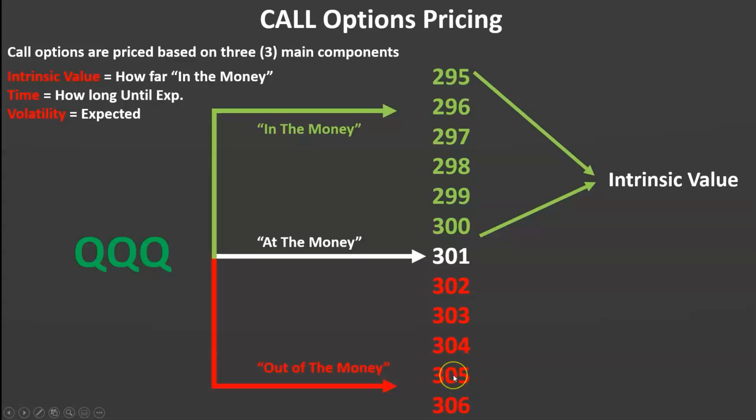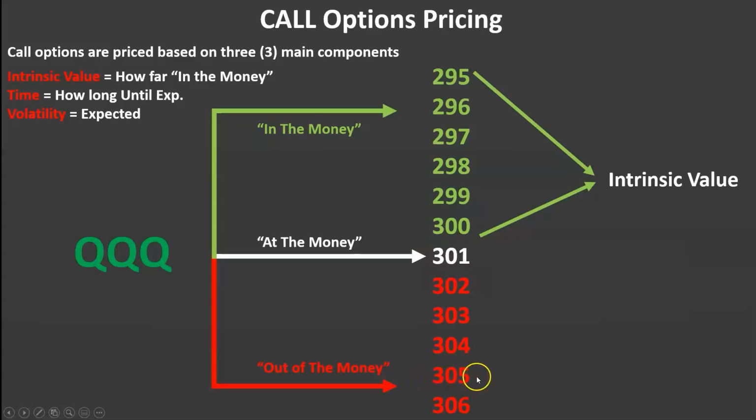And let's say that I buy an expiration date that is 3 weeks out because I think this move is going to happen over the next 2 to 3 days. But I give myself some extra time and I buy 3 weeks of time. So I buy an expiration date that expires 3 weeks from today or this Friday. And I buy the right to purchase QQQ at $305 when it's currently trading at $301.10.